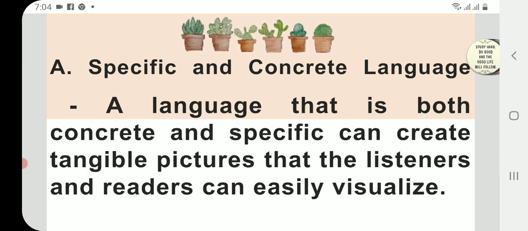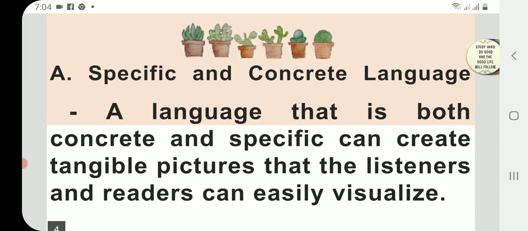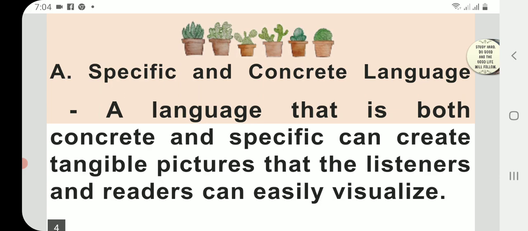So in a specific and concrete language, a language that is both concrete and specific can create tangible pictures that the listeners and readers can easily visualize.